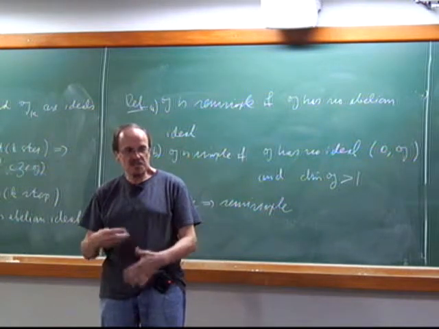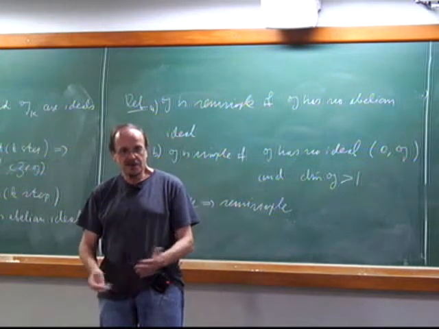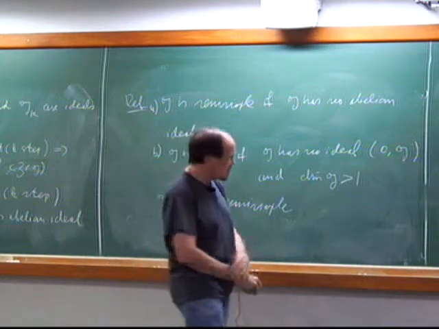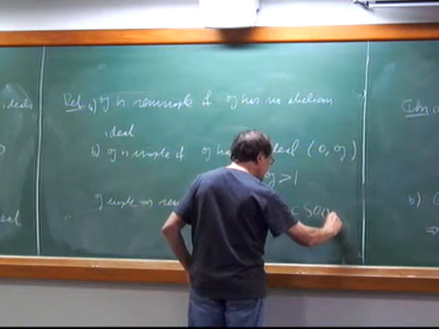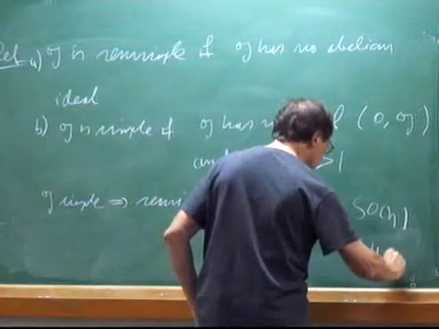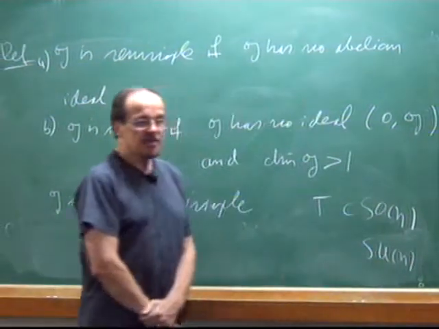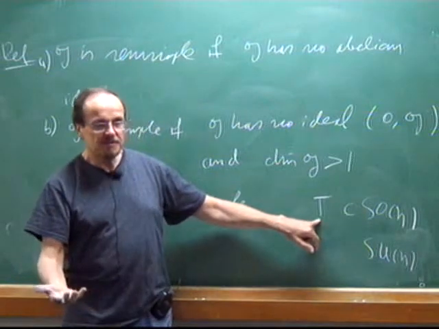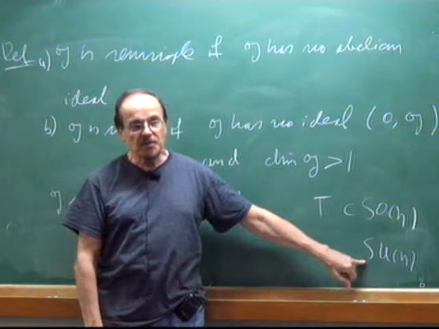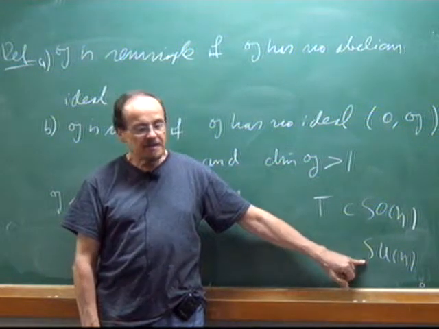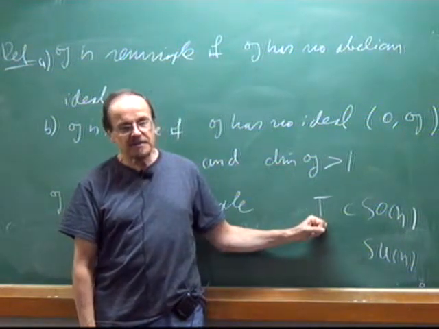For example, maximal tori that we discussed later on, or any torus inside SO(N), for example, or inside U(N), like diagonal matrices. That's solvable, but in general they're not ideals. Like this Lie group is simple, there are no ideals whatsoever. So abelian ones aren't ideals. So the answer is no.